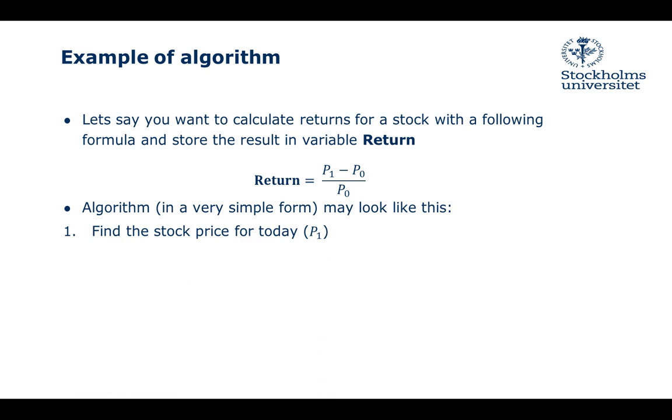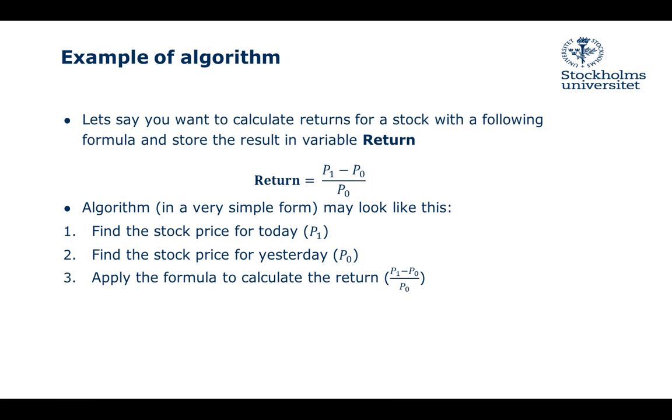First you need to find the price P1, then you need to find the price P0, yesterday, then you need to apply the formula, then you need to put the result into the variable return. So pretty much you need to explain each and every step, and sometimes the things which you think may be quite obvious, you should still be able to make an instruction of how you're going to do it.